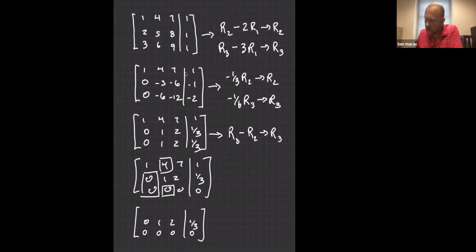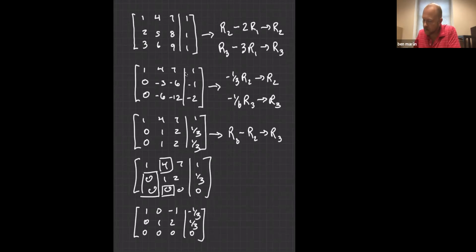Okay, and I'm going to have to subtract 4 times the second row from the first row. So 1, 0, let's see, 7 minus 4 times 2 is -1, and 1 minus 4 times 1/3 is -1/3.